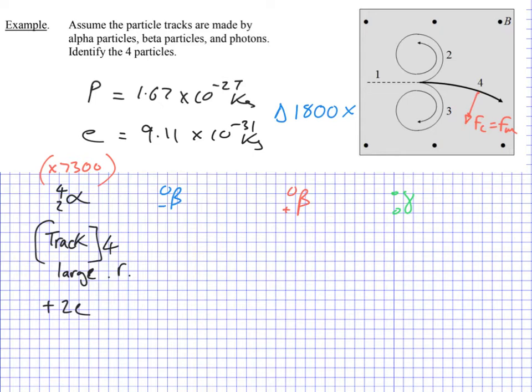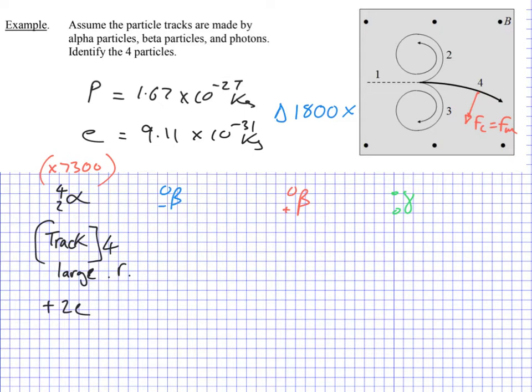In other words, in this particular cloud chamber, a positively charged particle moving from left to right will experience a force downwards, and therefore the curvature will be clockwise, just like we see with track 4.